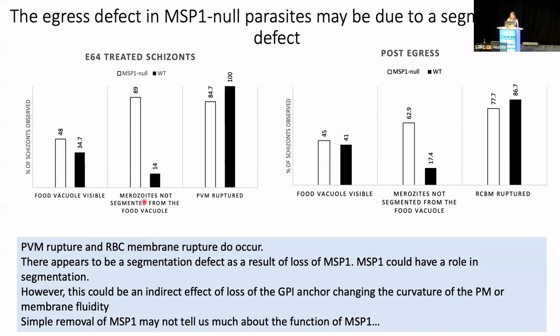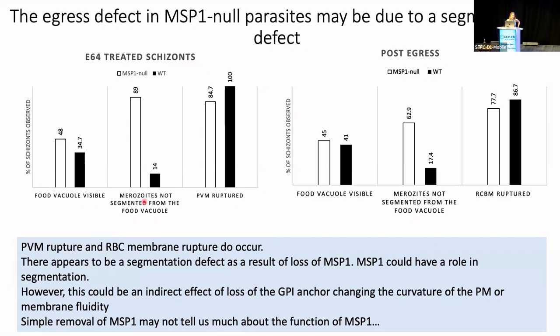Whereas in the post-egress cells, in the 40% of cases where the food vacuole was visible, again, we saw that the merozoites in 60% of the MSP1 null parasites had not segmented properly in comparison to 17% of the wild type, but in both cases, similar levels of red blood cell membrane rupture.